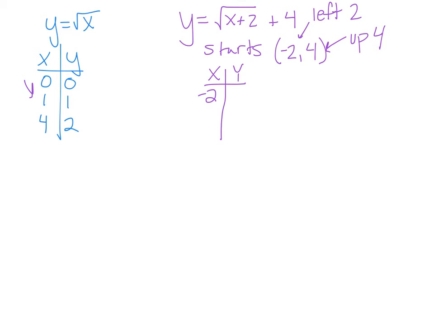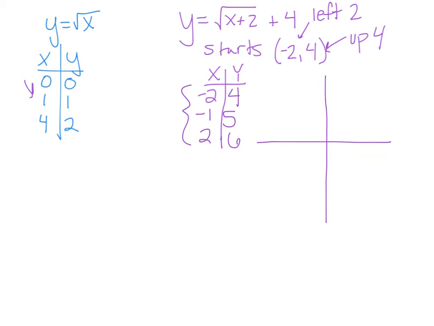Instead of having 1, subtract 2, and I've got negative 1. Instead of 4 I've got 4 minus 2, which is 2. So these values are all to the left of the original values. And instead of having 0, 1, and 2 for the y values, I'm going to have 4 more than that: 4, 5, and 6.